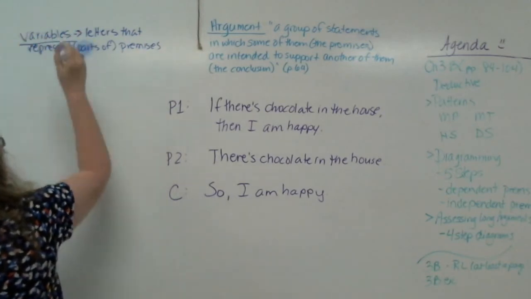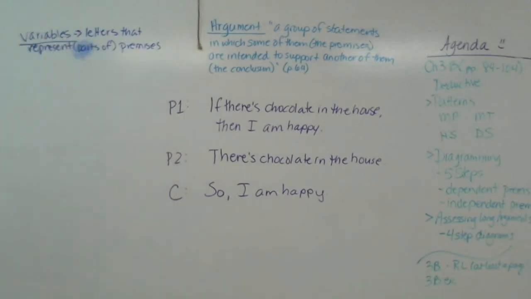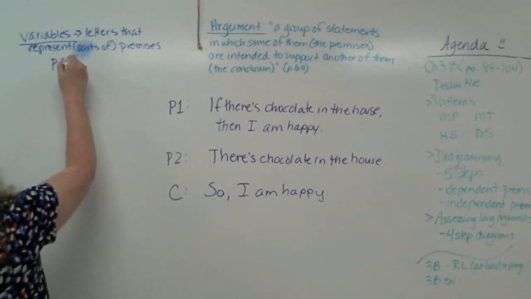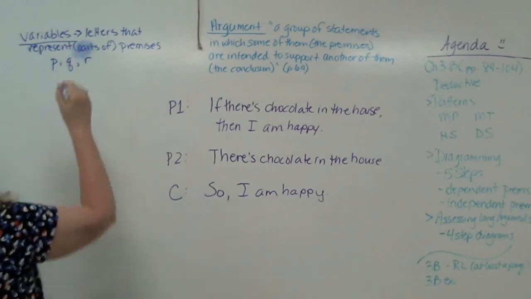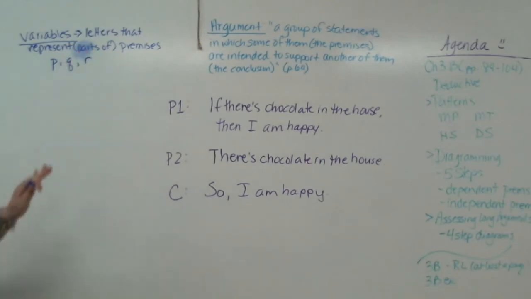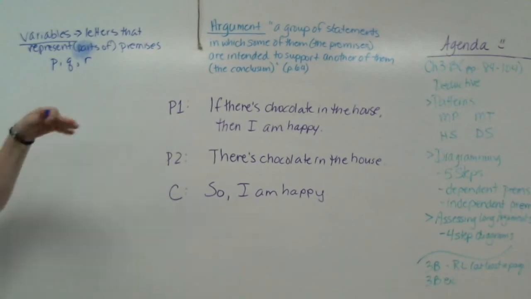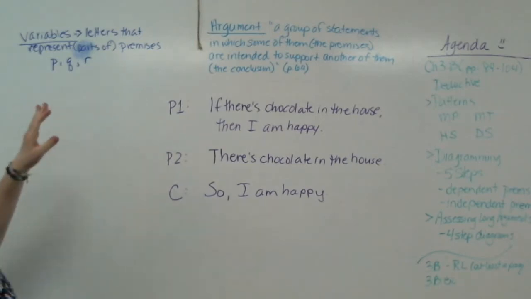Normally, when we're doing logic like this, we start out and we use P and Q, and then if we need a third one, we use R. Now, you can use lots more variables than this, but you get a good enough workout with them if you use 3, and that's all we're going to get to pretty much in the whole course. So anyway, P and Q and R.